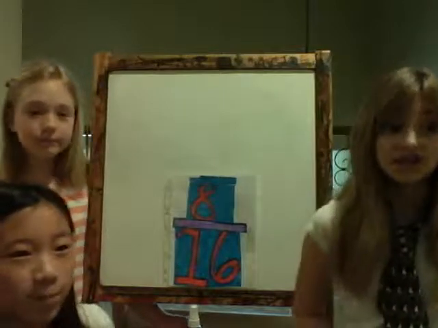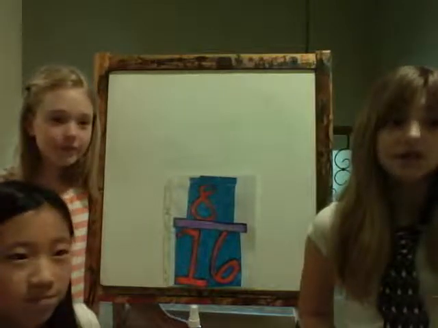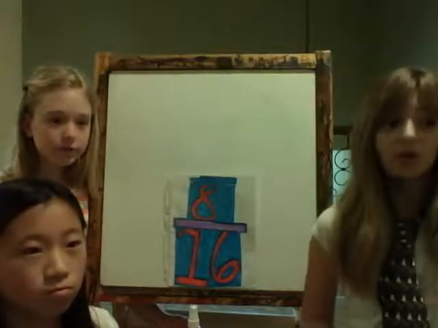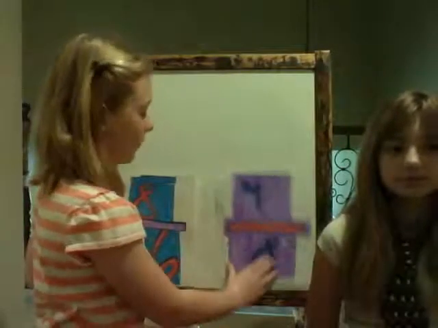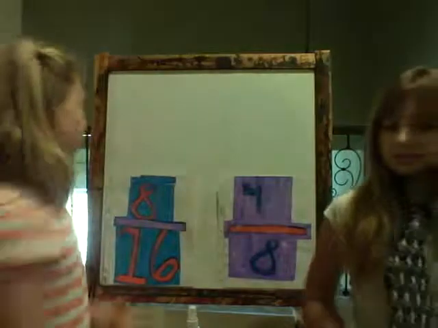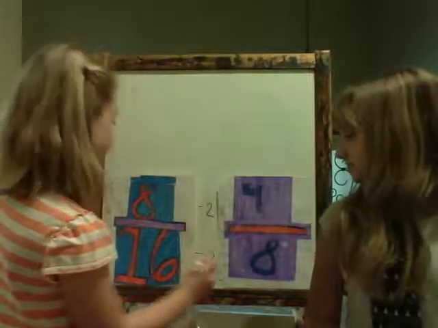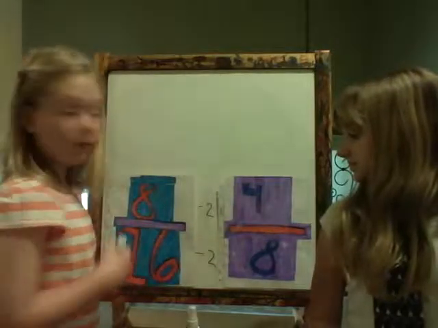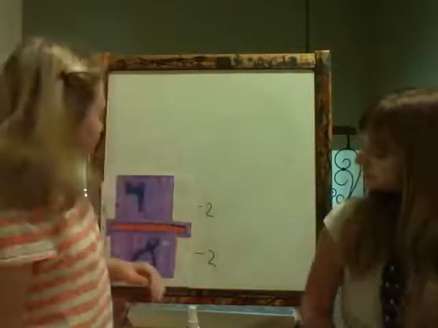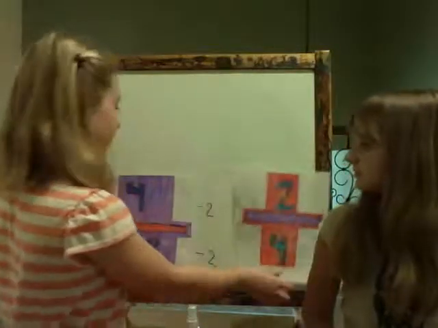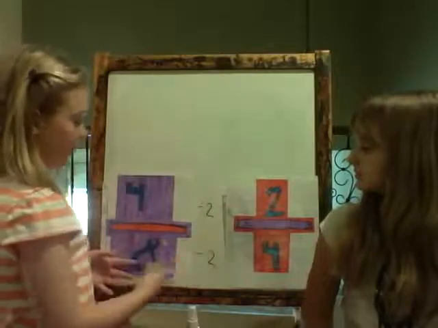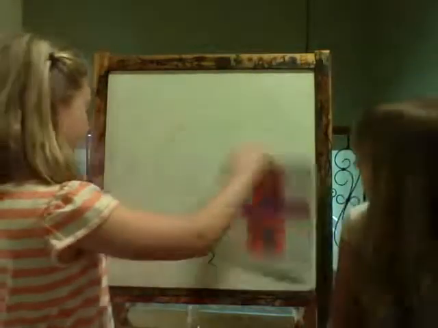Great. The next question is, do either of you girls know how to reduce or simplify this fraction? I do. How you reduce or simplify a fraction is you say what number can go into 8 and 16. Well, we decided to divide it by 2, and this is the answer that we got. 4/8, but believe it or not, it can be reduced farther. 4 divided by 2 is 2 for your numerator, and 8 divided by 2 is 4 as your denominator.